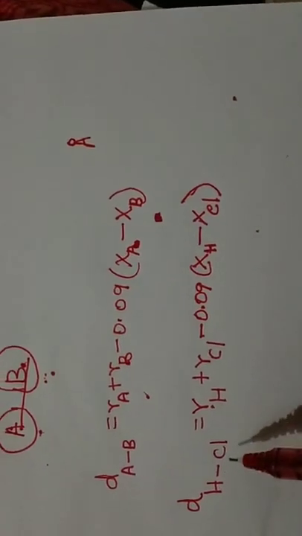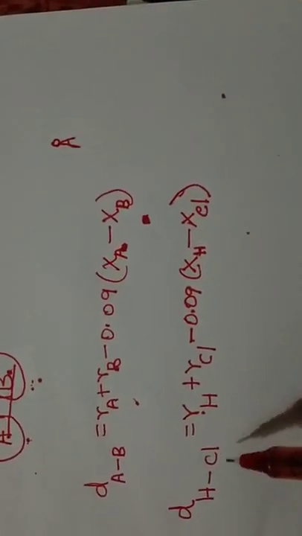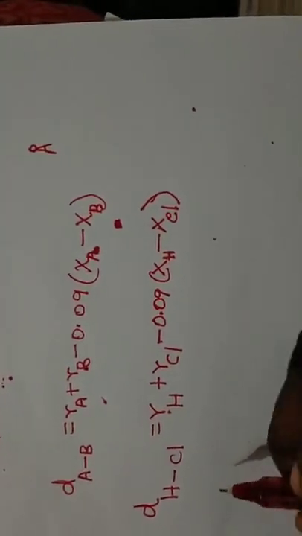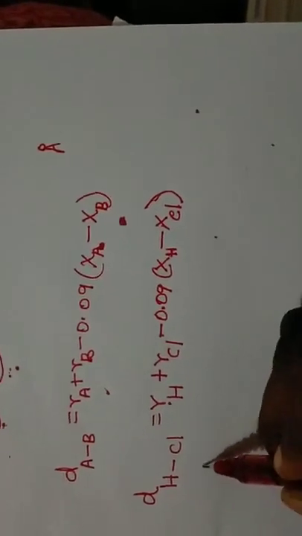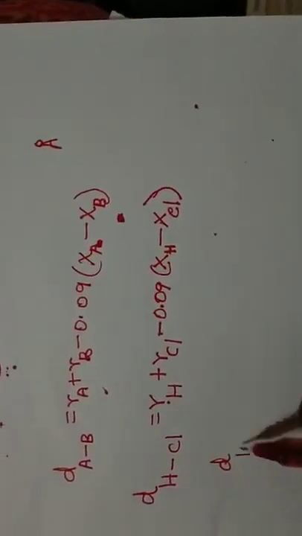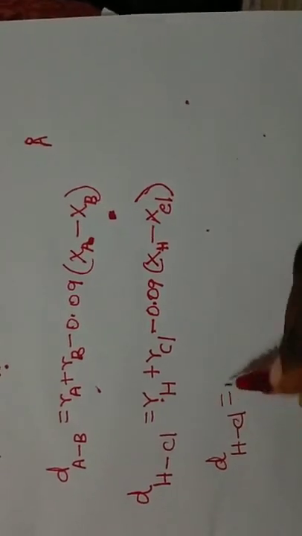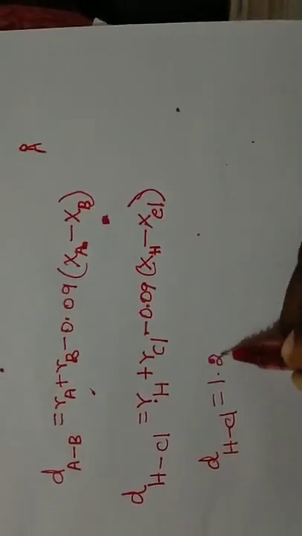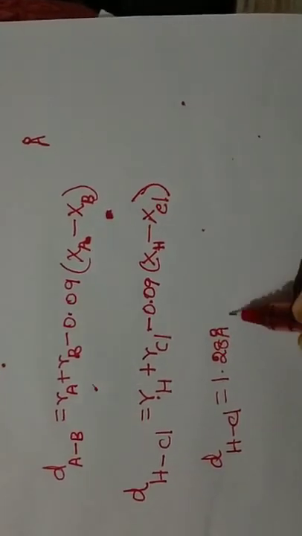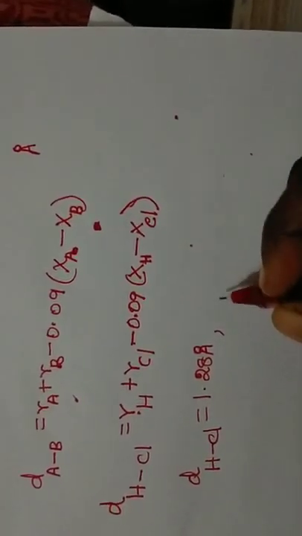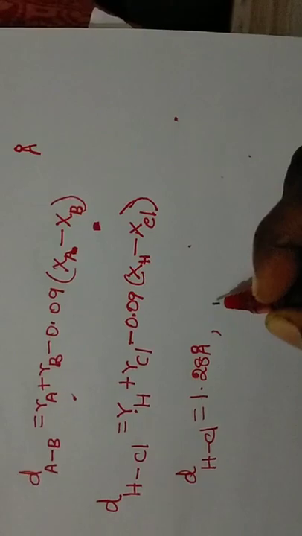To calculate the internuclear distance between hydrogen and chlorine, some experimental data is given for hydrochloric acid. The HCl value is 1.28 angstrom. It's already given as experimental data, already in your book. Then the covalent radius of chlorine, RCl, is 0.99 angstrom.